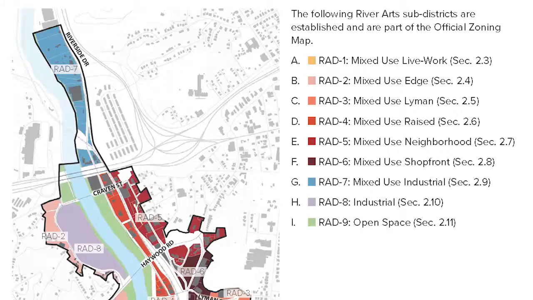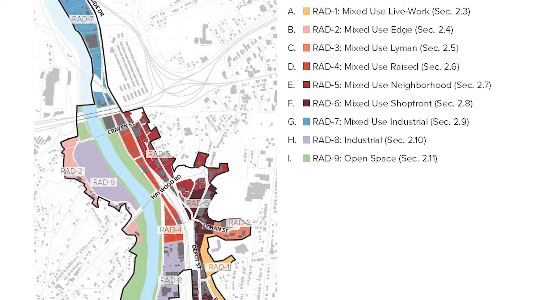People could theoretically be kayaking or tubing and stop right there and come up to those uses without having to cross any roadways. So that one is called Mixed Use Industrial because, in fact, there are still some industrial uses there, and for the moment, at least, the district that's been created for that area allows the new uses but also allows all of the old uses.